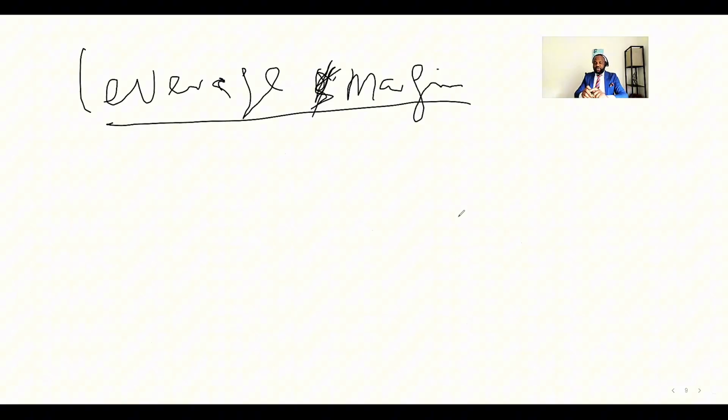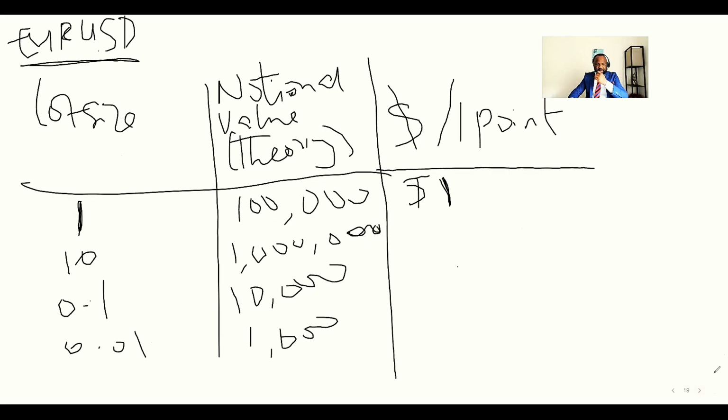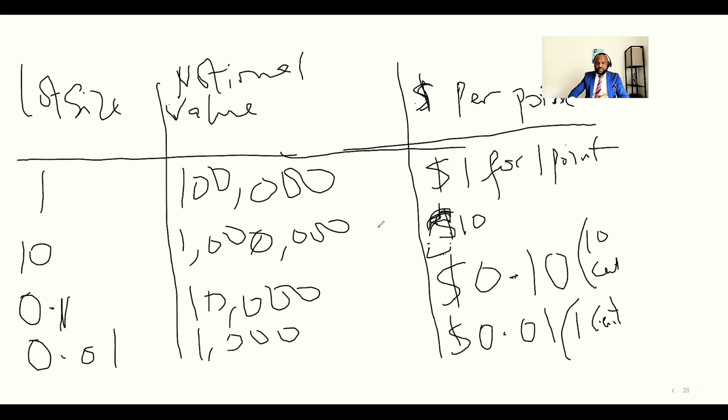Look at this table. 100,000 notional value, one lot. I can trade this one lot even if I don't have 100,000 in my account. I've explained that to you before. All the broker needs you to have is what they call margin.